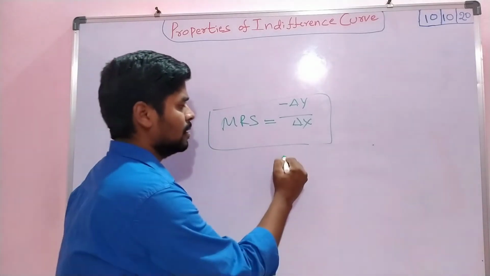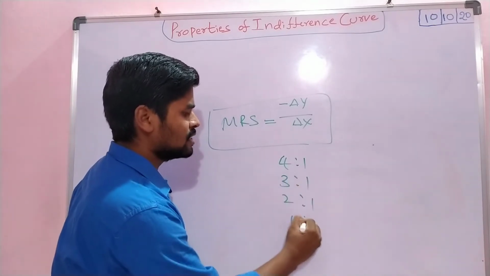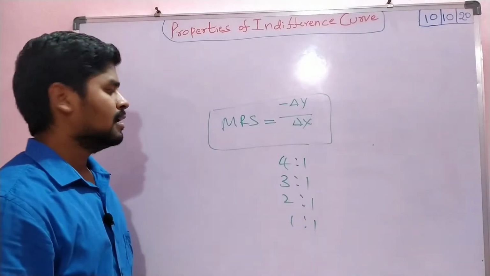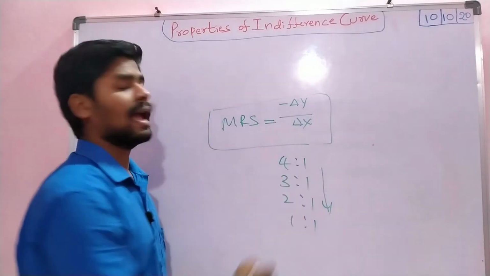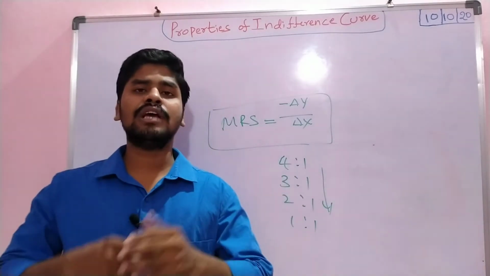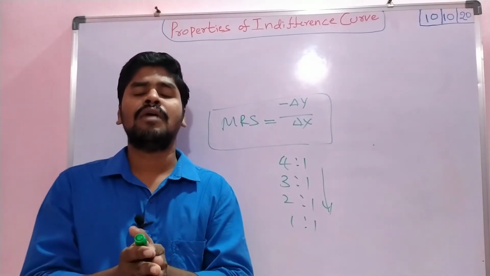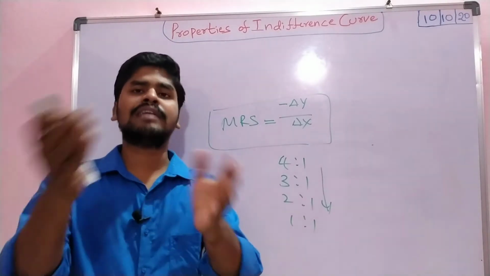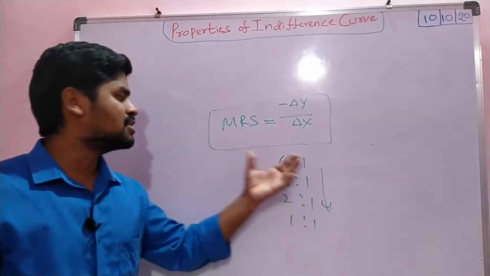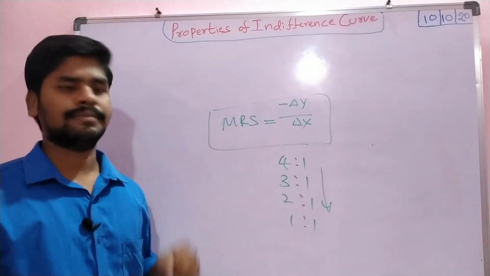For example, here 4:1, 3:1, 2:1, 1:1. That is the reason why the marginal rate of substitution is diminishing while consuming the X and Y combination.